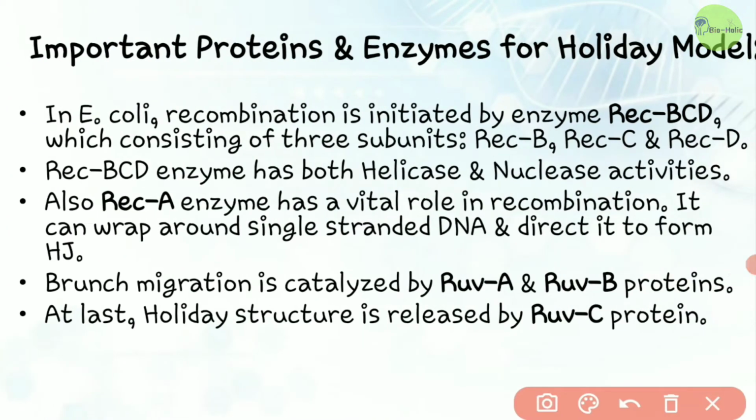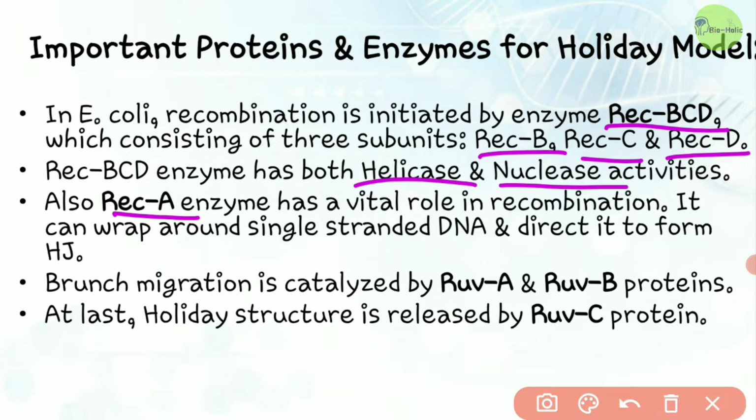So there are a few important proteins and enzymes for the Holliday model. In E. coli, recombination is initiated by the enzyme RecBCD, which is the main enzyme, and it consists of three subunits: RecB, RecC and RecD. RecBCD enzyme has both helicase and nuclease activities, and also RecA enzyme has a vital role in recombination.